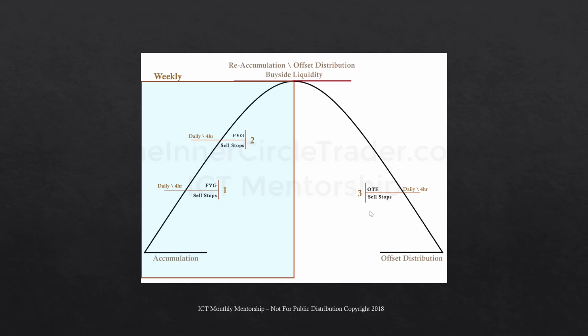If we're looking at this opportunity on the time frame of a weekly, notice I have your little notations here. You're going to see this form on a daily and or 4 hour. That's where these price swings are going to occur.